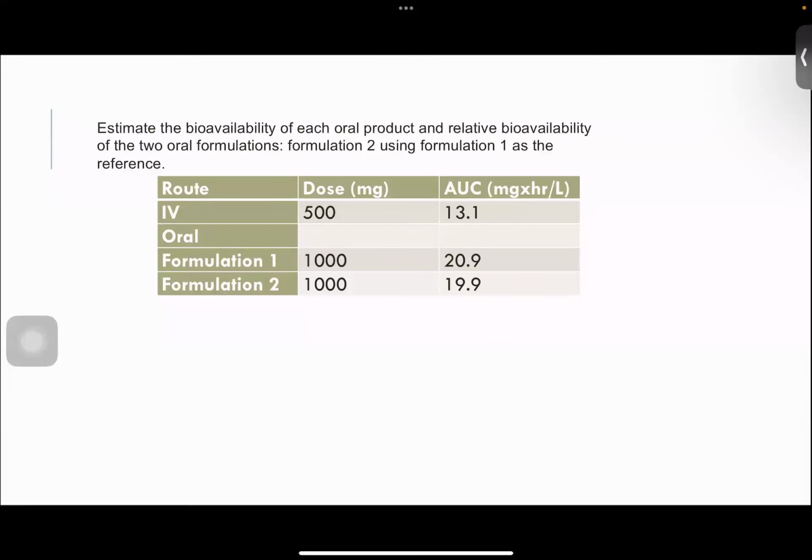Now, I want you to estimate the bioavailability of each oral product. So each oral product against the IV, right? So the absolute bioavailability of each oral product and the relative bioavailability for the two oral formulations. So these two against each other would be the relative, right? So go ahead and do that now.